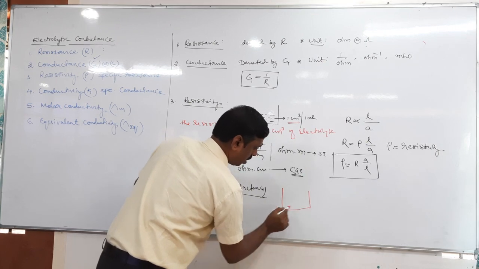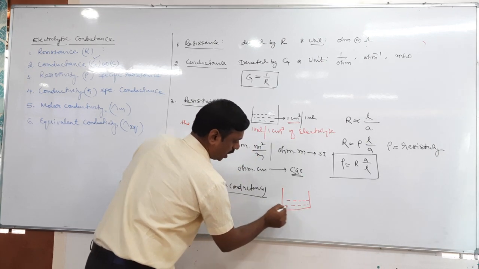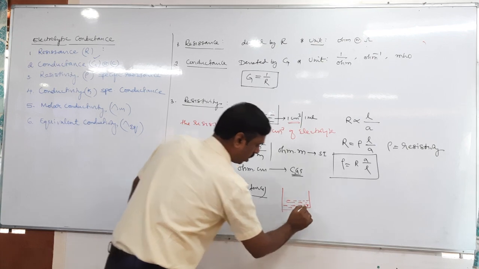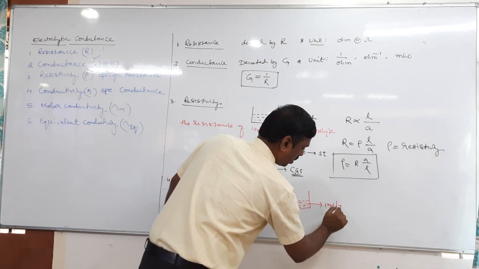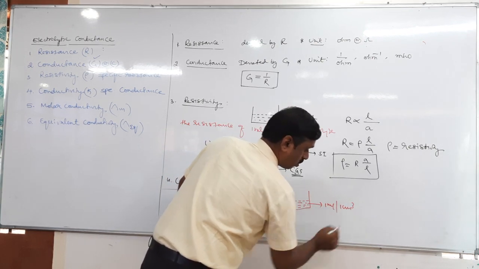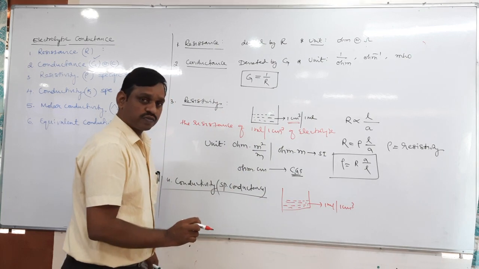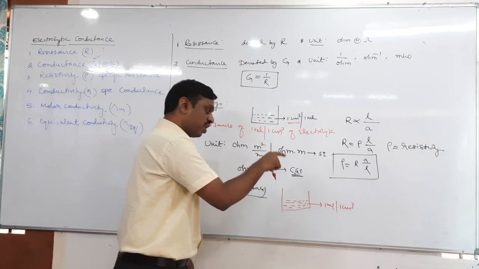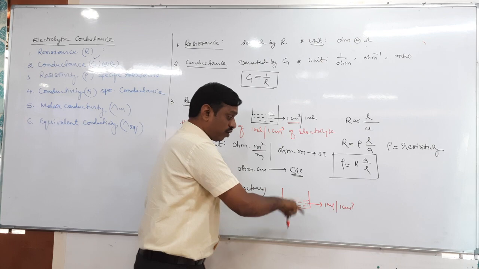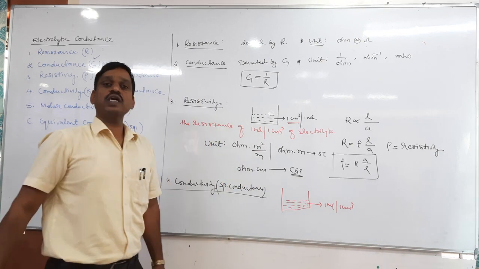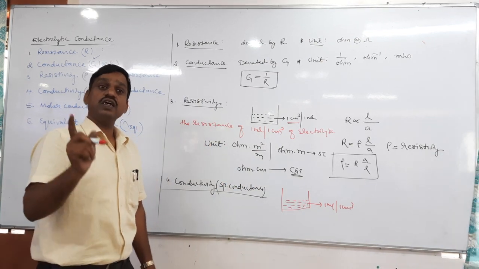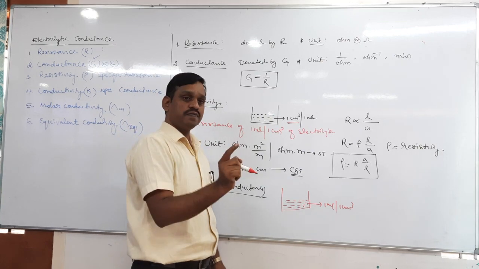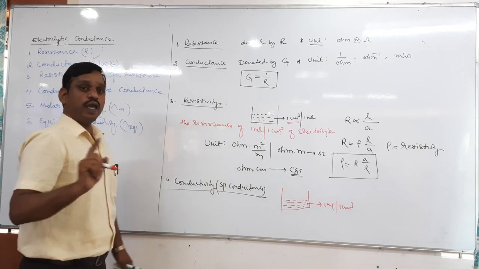It is 1 ml of electrolyte solution. This 1 ml or 1 cubic centimeter of electrolyte has certain conductance, no? So what is the conductance of this 1 ml of electrolyte solution? It is equal to conductivity. That means conductivity is measured per ml. Resistivity is also measured per ml.